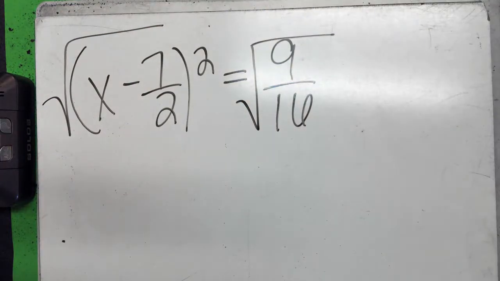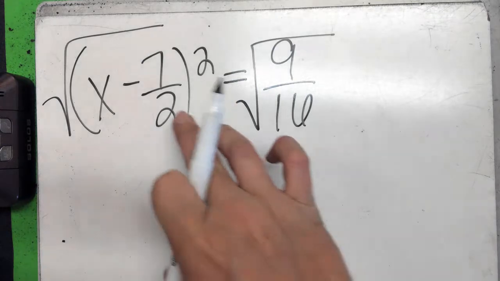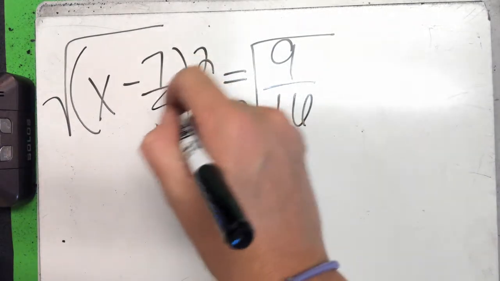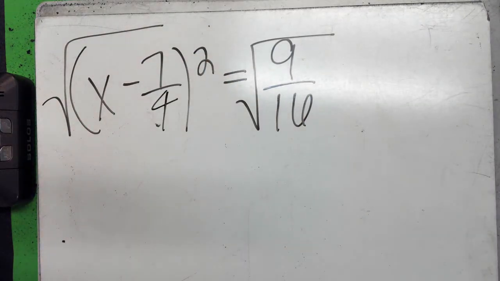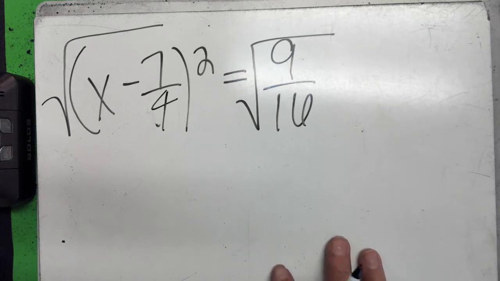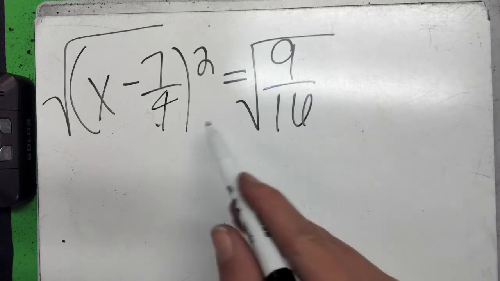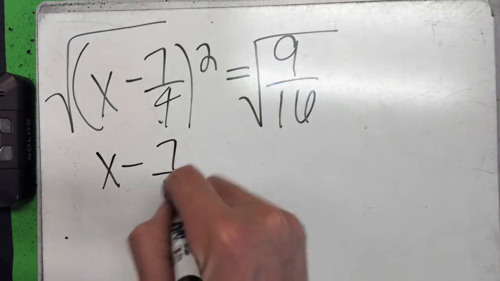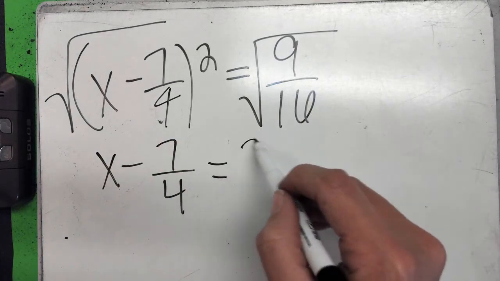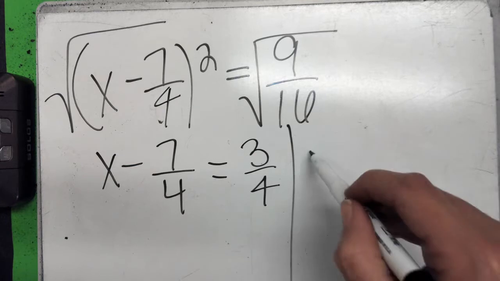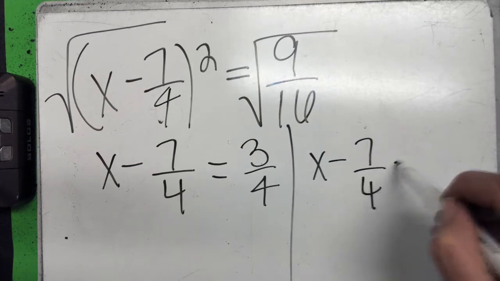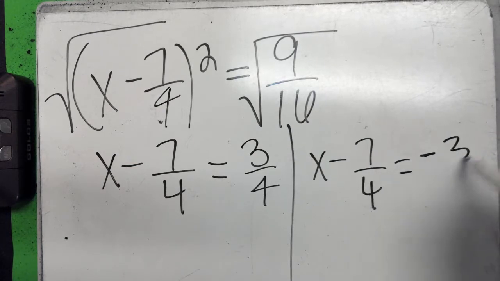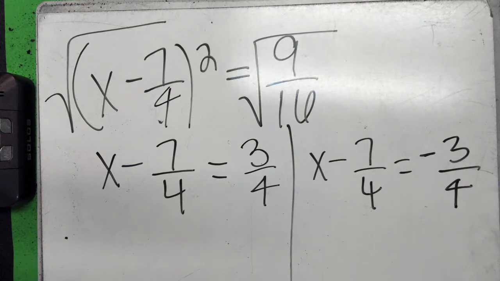Oh, this is supposed to be what right here? Thank you. Is that what you're trying to say? So after we take the square root of both sides, this will be x minus 7 over 4 equals 3 over 4, or x minus 7 over 4 equals negative 3 over 4. Almost done.